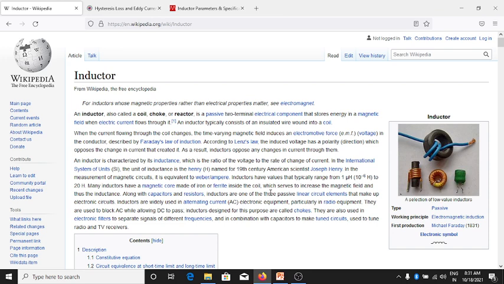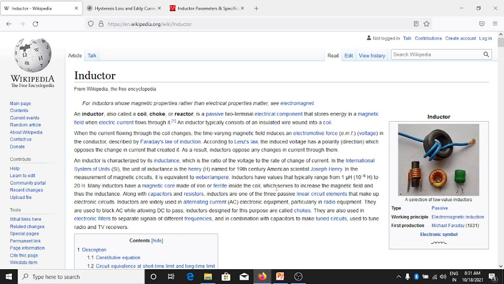This in an inductor is described by Faraday's law of induction. According to Lenz's law, the induced voltage has a polarity or direction which opposes the change in current that creates it. As a result, inductors oppose any changes in current through them.